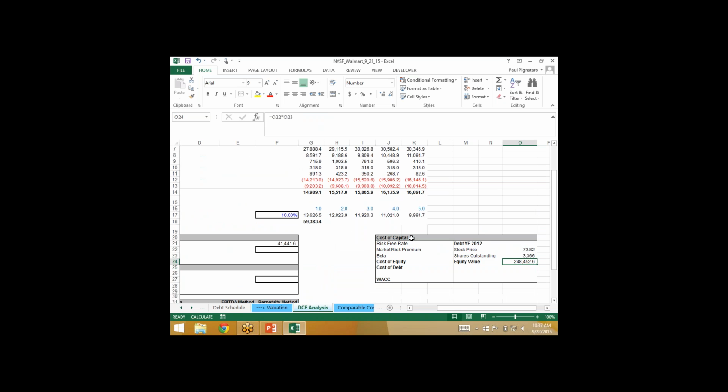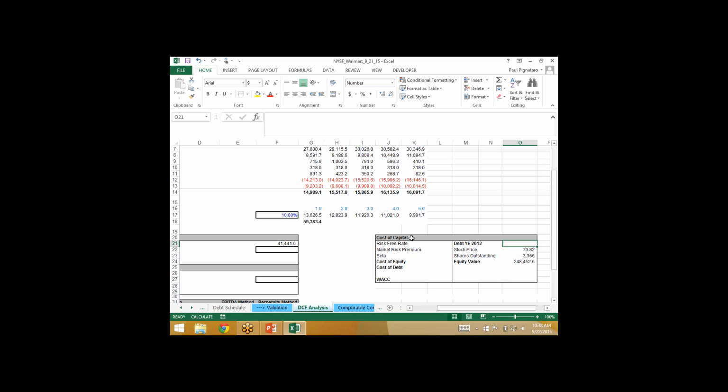Okay, yep. And then I'm going to need to add to the equity value the net debt. So first I'm going to pull in the debt for 2012. I'm going to pull in the total debt. And again, really this box is reserved for the weighted average cost of capital, but I don't want to be linking in the same information in two different places. So I know we're going to need the total debt here for our WACC calculation later.